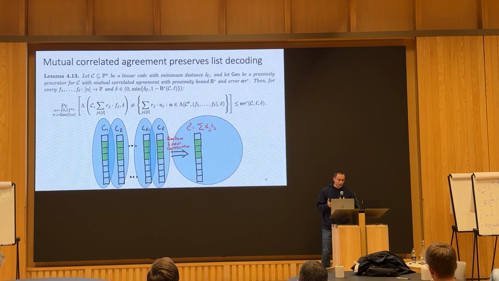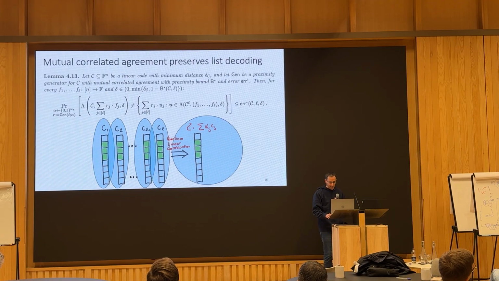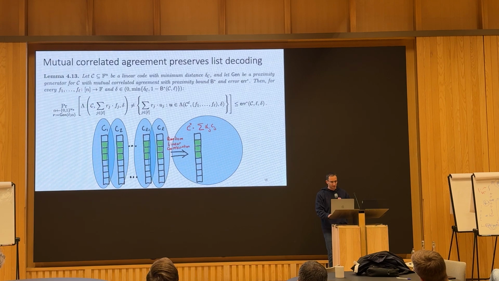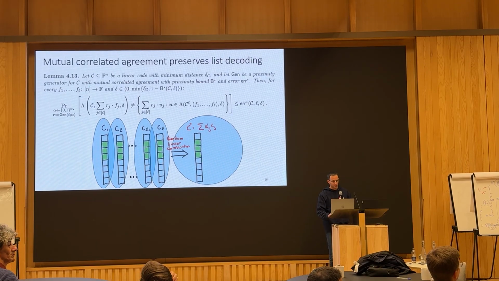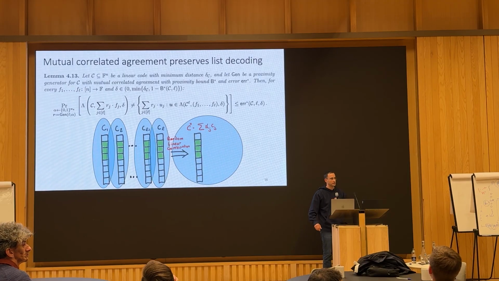So you don't expect to get something different. It's a very nice lemma that actually follows from correlated agreement. The other way you can think about it is that each element in the list decoding of the output is explained by an element in the list of the interleaved code.